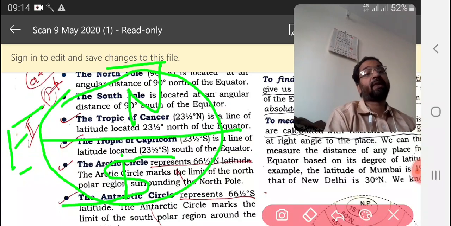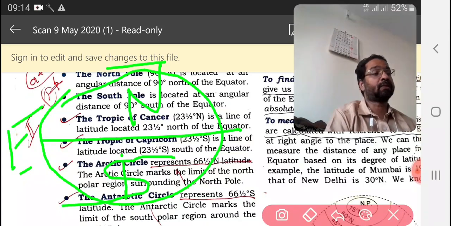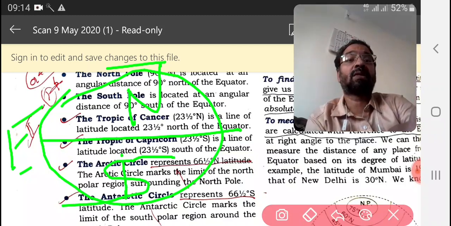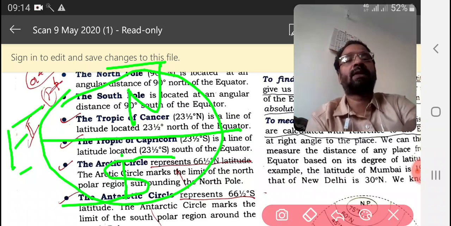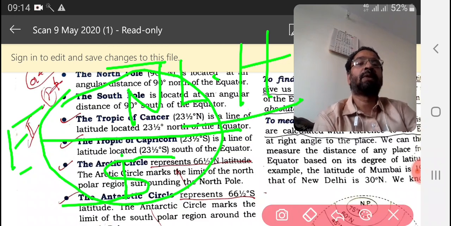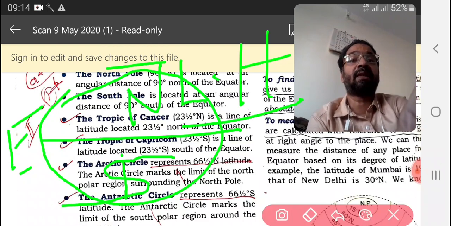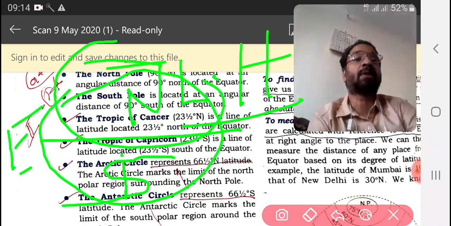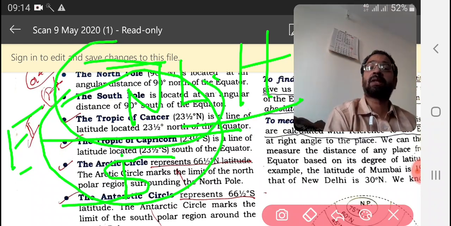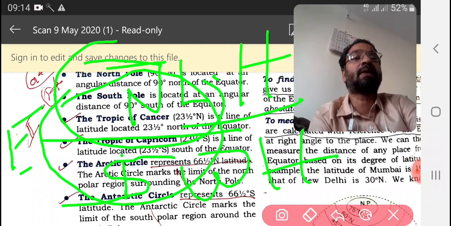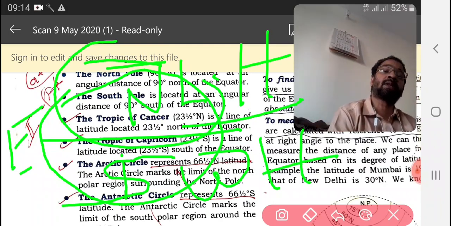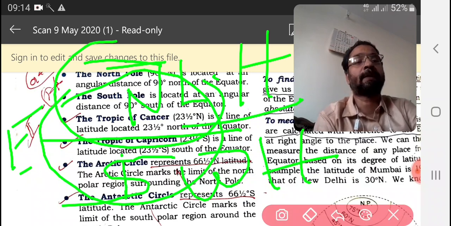The northern hemisphere is known as the land hemisphere, because most of the continents are in the northern part. In the southern part there are fewer continents, so it is known as the water hemisphere. One is the land hemisphere, the other is the water hemisphere.